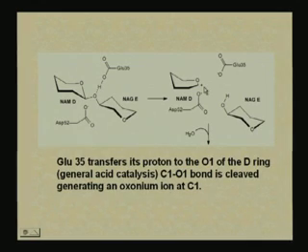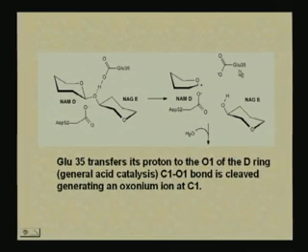We have now transferred a proton from glutamic acid 35, which has now become COO minus. Aspartic acid is as it is yet. Now, what is going to happen is, now the lysozyme molecule at its present state cannot cleave another NAM-NAG.